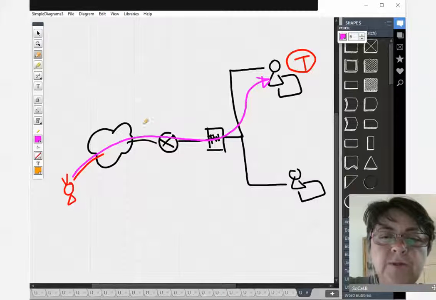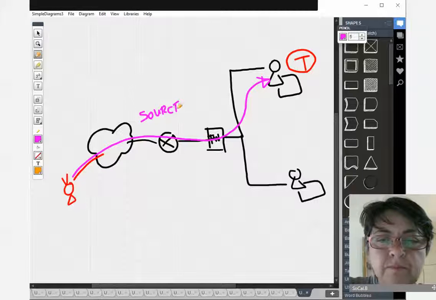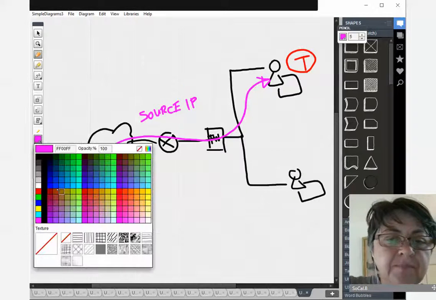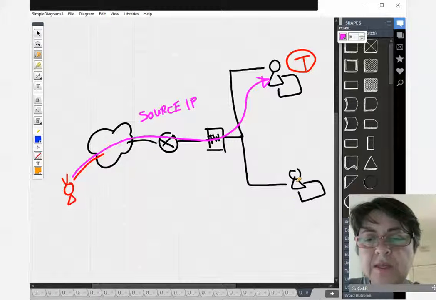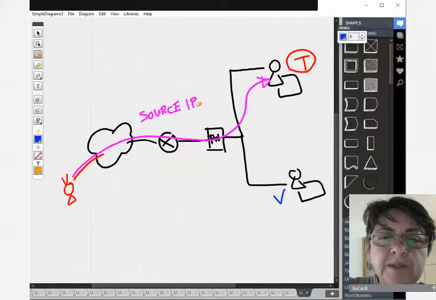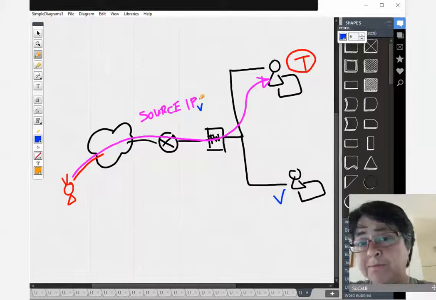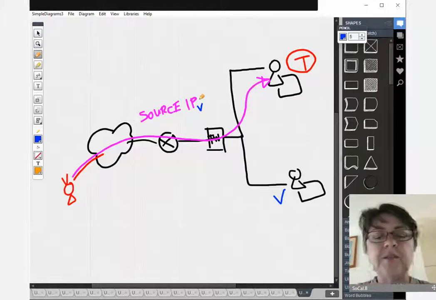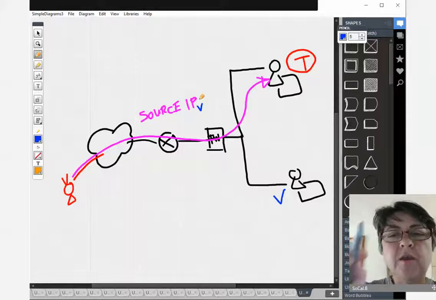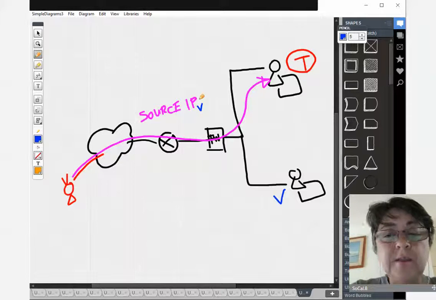So the source IP is set to, let's say, here's a spoofer, so let's say this is another victim. The source IP address is set to the victim's IP address, and obviously the destination is set to the target.